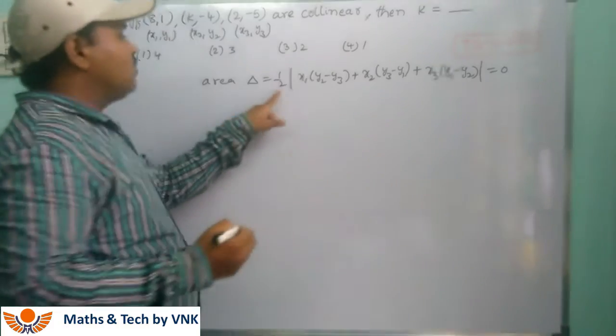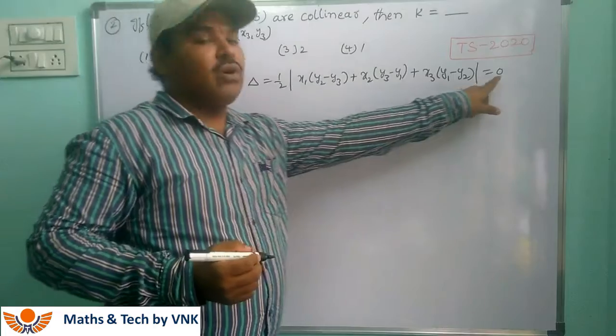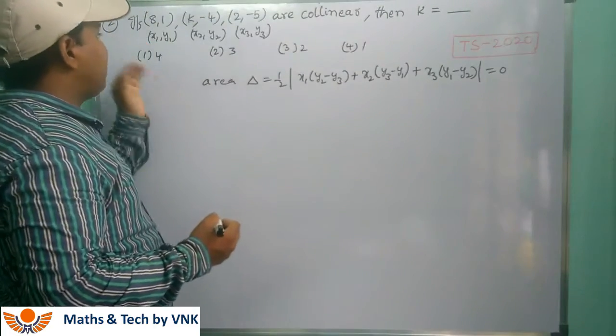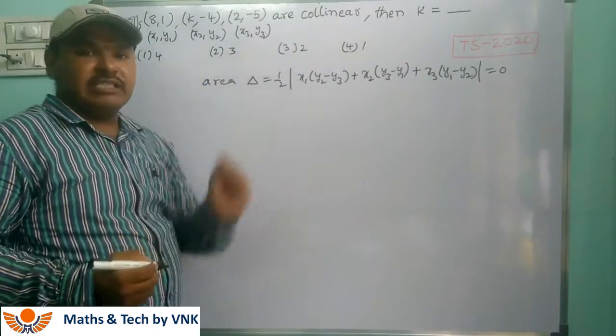So ఈ 1 by 2 రైట్ సైడ్ తీసుకెళ్తే 0 అవుతుంది. సో substitute the values of x1 y1, x2 y2 and x3 y3.